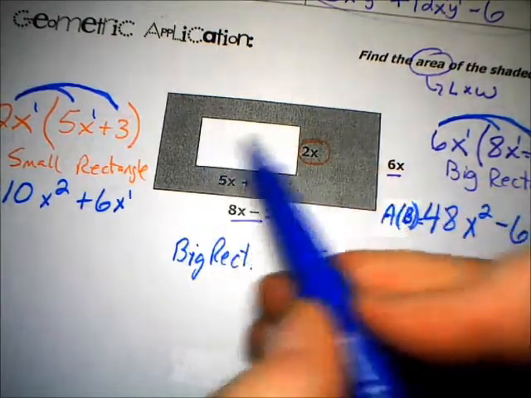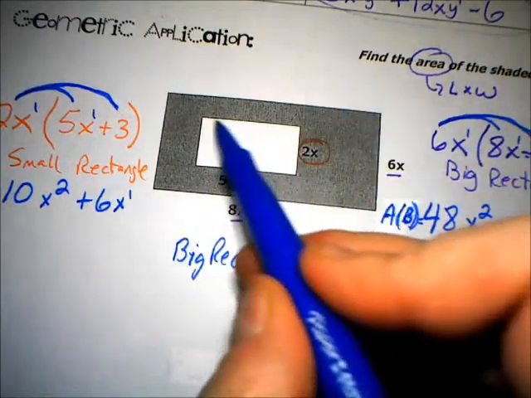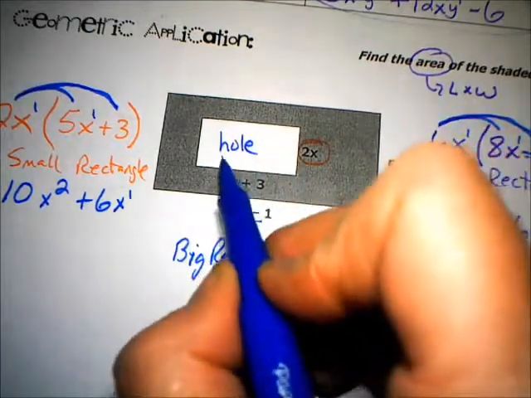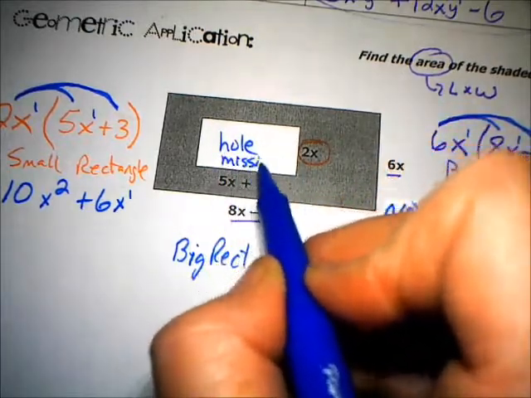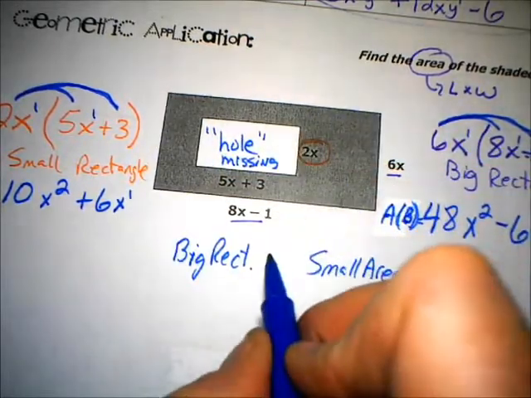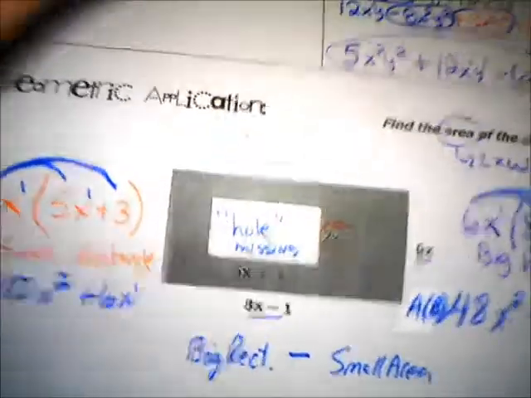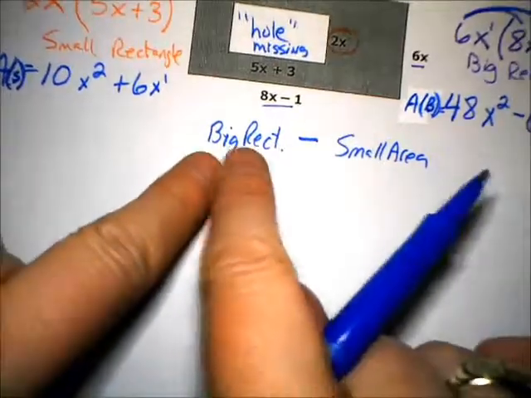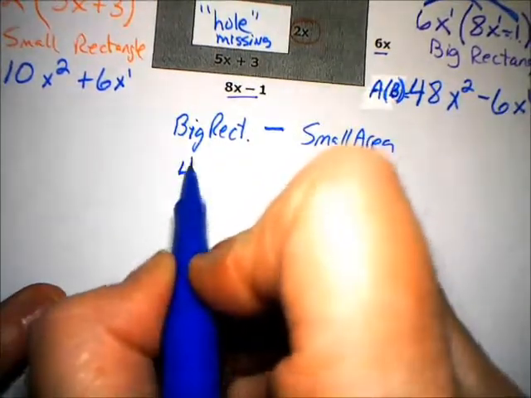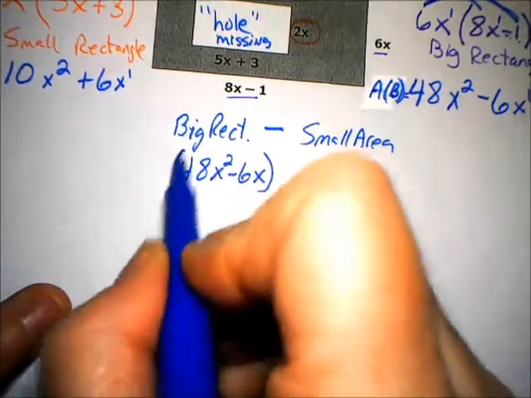Since this is white on the inside and this is shaded on the outside, this represents a hole. This is missing. Okay? This is missing in the big rectangle, so that means I have to subtract those two things. So if I'm subtracting, the big rectangle was this expression, right?